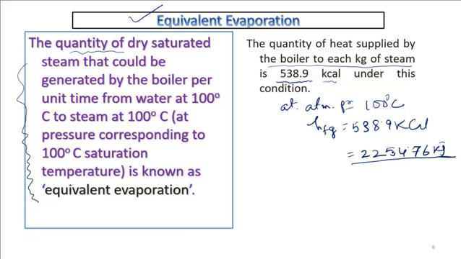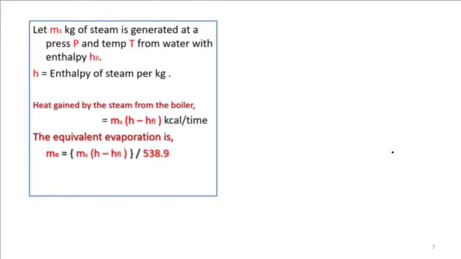So on the basis of this equivalent evaporation, the evaporation rate of the boilers can be standardized to compare different boilers. For example, suppose a boiler is producing ms kg of steam at a pressure of P and temperature T, from water with enthalpy of h.